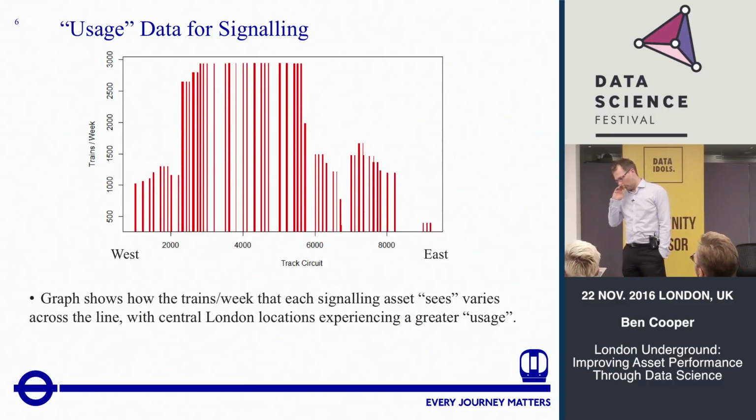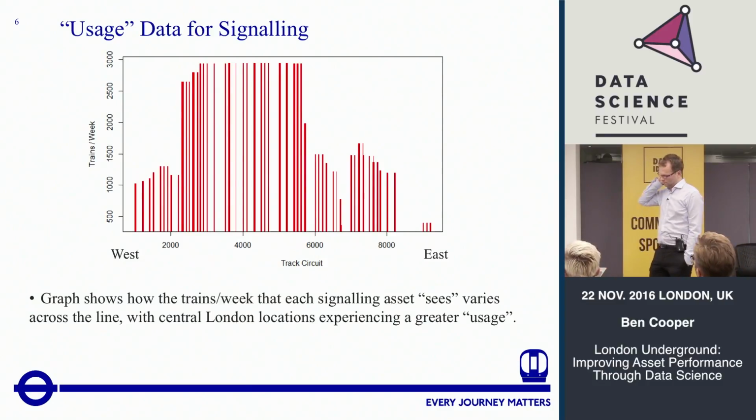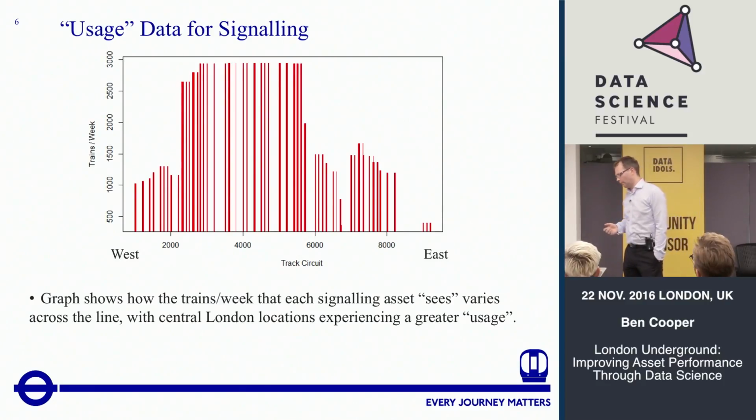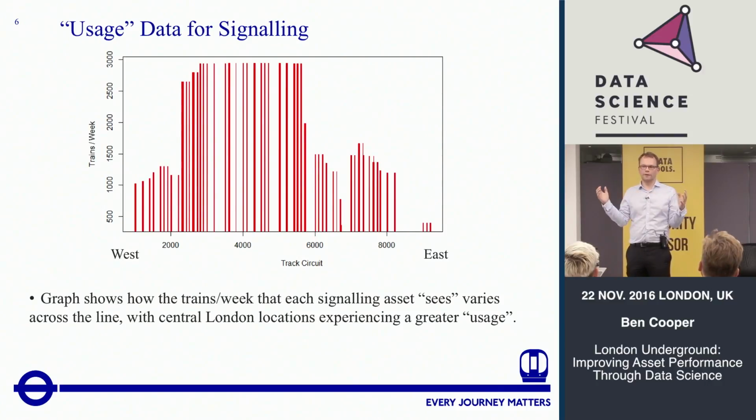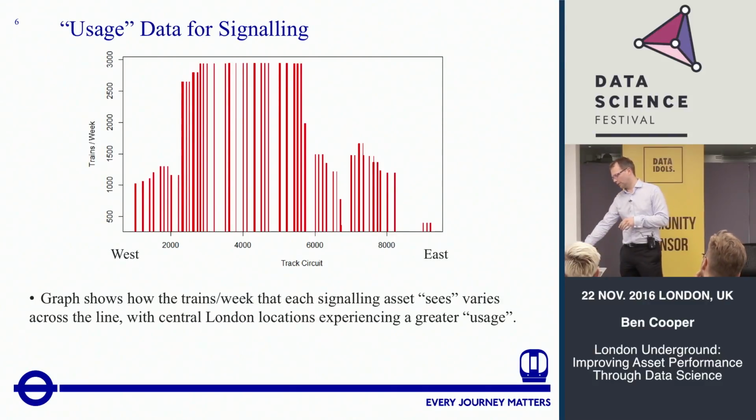One hypothesis we had was that maybe it's to do with how often the asset is being used. If you think about how typical London Underground line networks work, you're going to get a greater frequency of trains in the centre than on the outside, a greater flux of trains through the centre. And this is what this shows: the trains per week for each of these different assets.